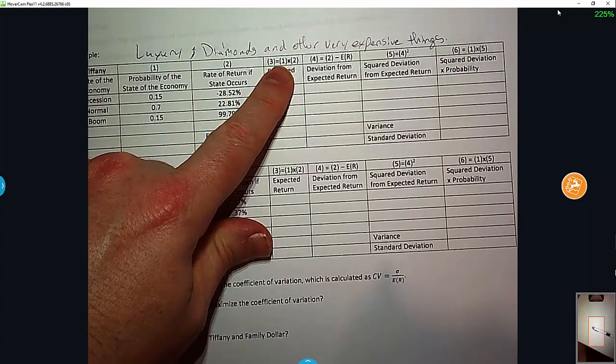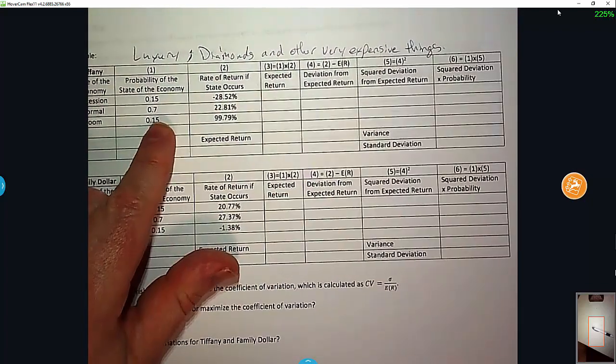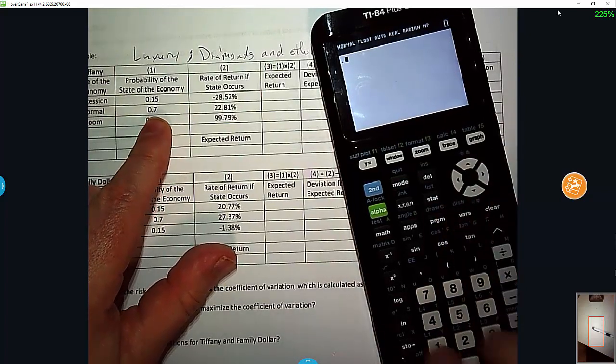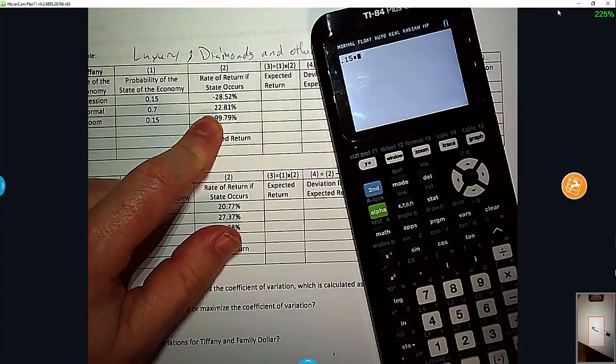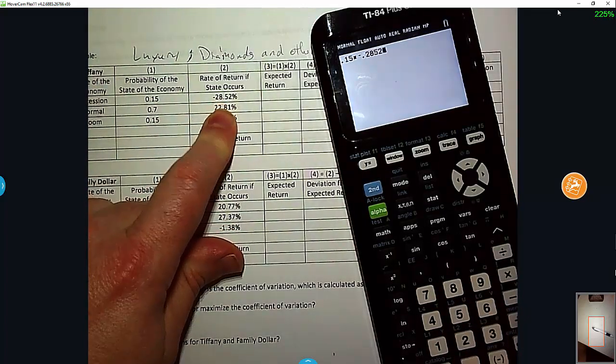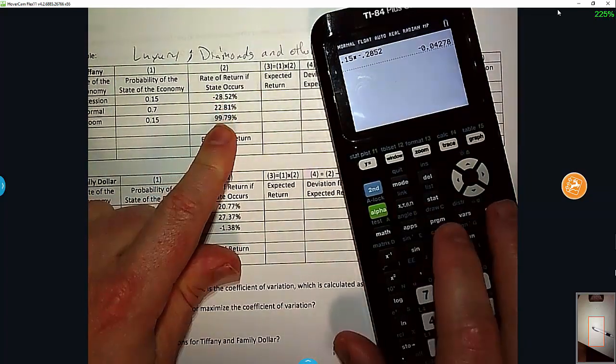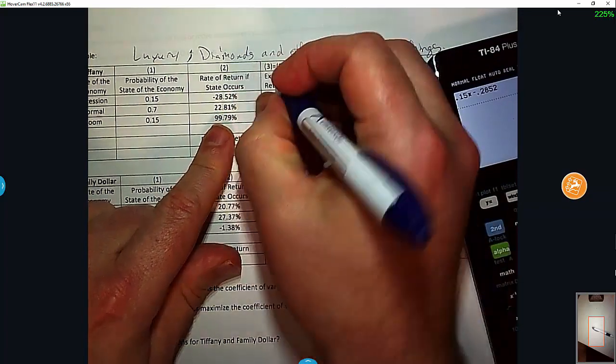So the way we calculate the expected return is we multiply the items in column 1 by the items in column 2, and then we're going to find the sum of those. So in this case, I'm going to use my calculator, and I'm going to take 0.15 multiplied by negative 0.2852, and so you can see here I'm changing this over to a decimal, and I get negative 0.04278.